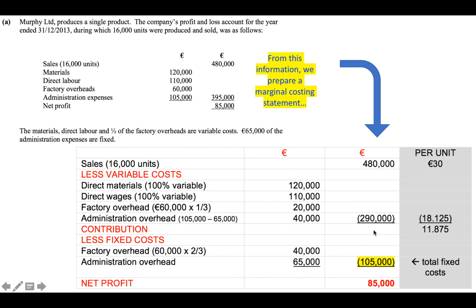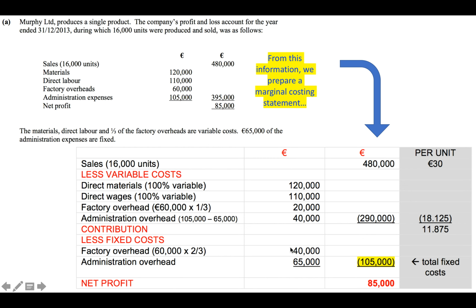Now what we want to do is find out what the variable cost per unit is. So 290,000 divided by 16,000 units is equal to 18.125 euro. Your 190,000 euro contribution, which is here, divided by the 16,000 units is equal to 11.875 euro, and that is your contribution per unit.